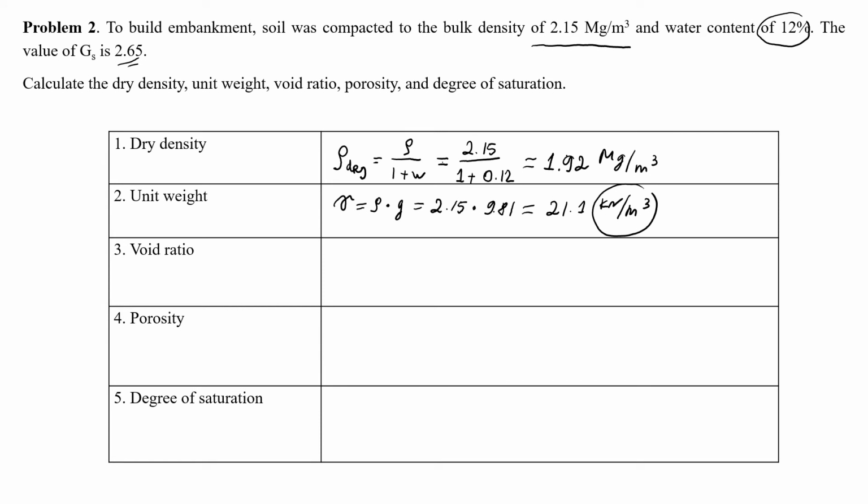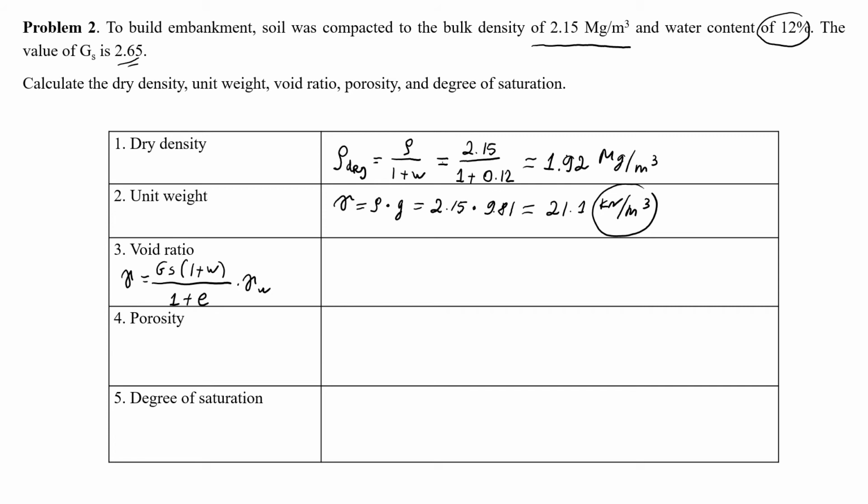Well, to get the void ratio, I think we'll need to use a few formulas. And the one that we can use in this case is this one, unit weight. It's specific gravity times 1 plus water content divided by 1 plus void ratio and times unit weight of water. I wrote it for unit weights, but we can still do the same thing for density. So we can replace unit weight with densities.